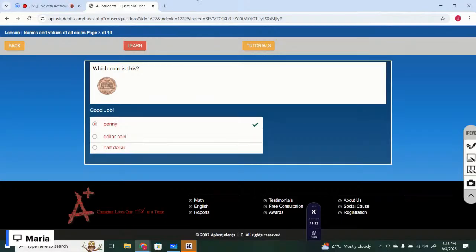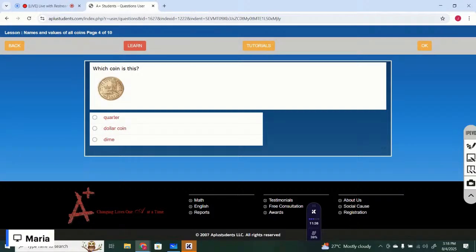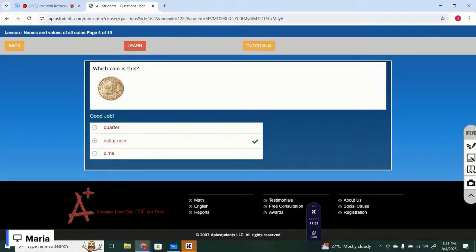And I think that is the only golden coin, right? Okay, which coin is this? Quarter, dollar coin, dime. That is the dollar coin. Option number two is the correct option, dollar coin.